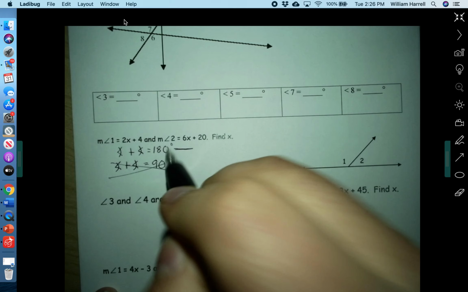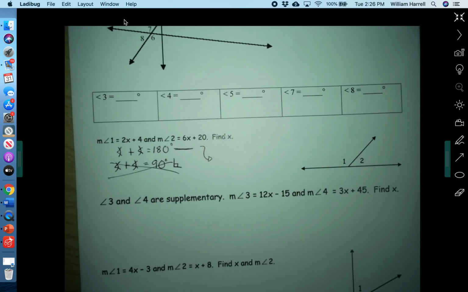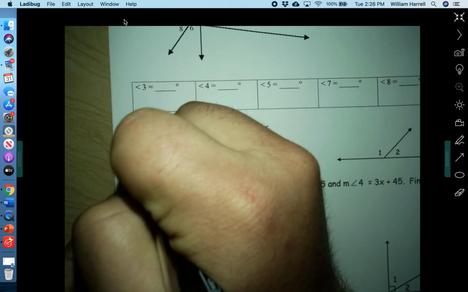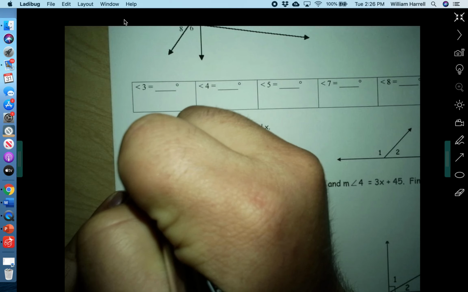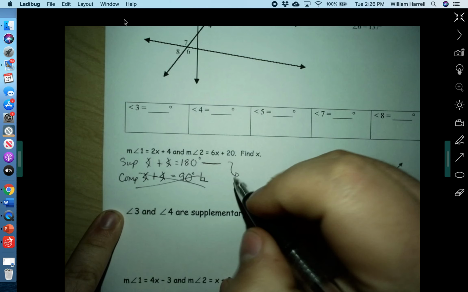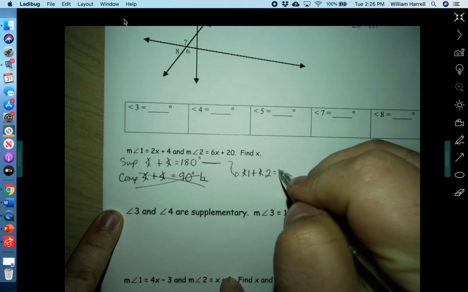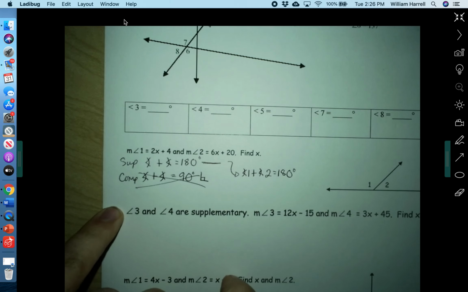So I don't need this, and now I don't even need to know or remember my supplementary and complementary. For the second one, you'll have to. But anyways, I have angle 1 plus angle 2 equals 180 degrees.